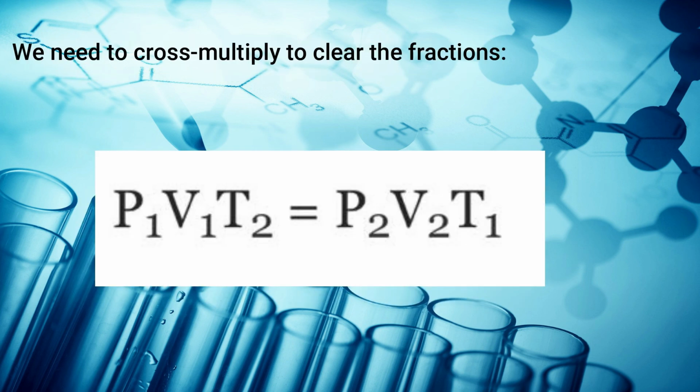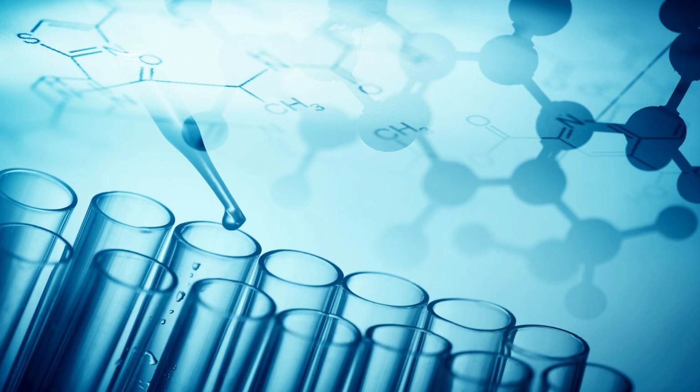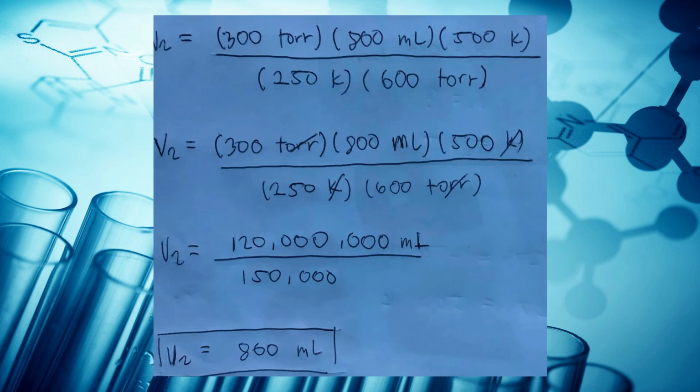We need to cross-multiply to clear the fractions, and we need to divide to isolate V2. We need to plug in the numbers and solve for V2. We have 300 torr times 800 ml times 500 Kelvin divided by 250 Kelvin times 600 torr.